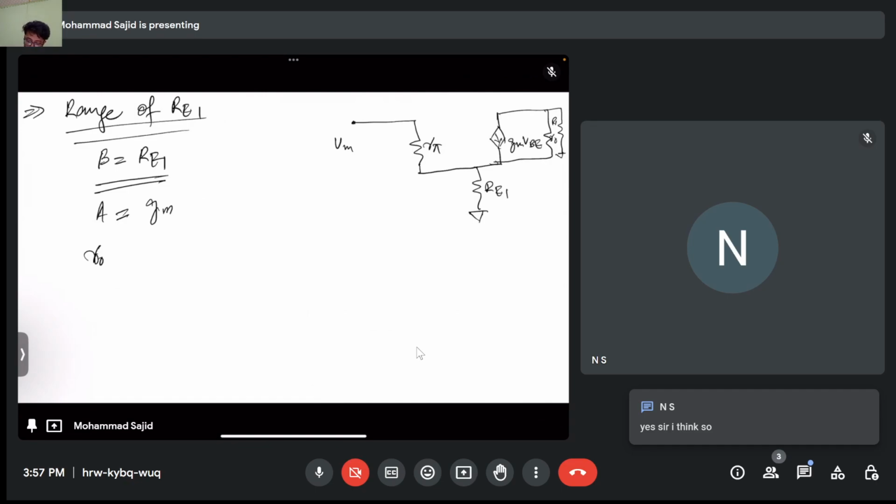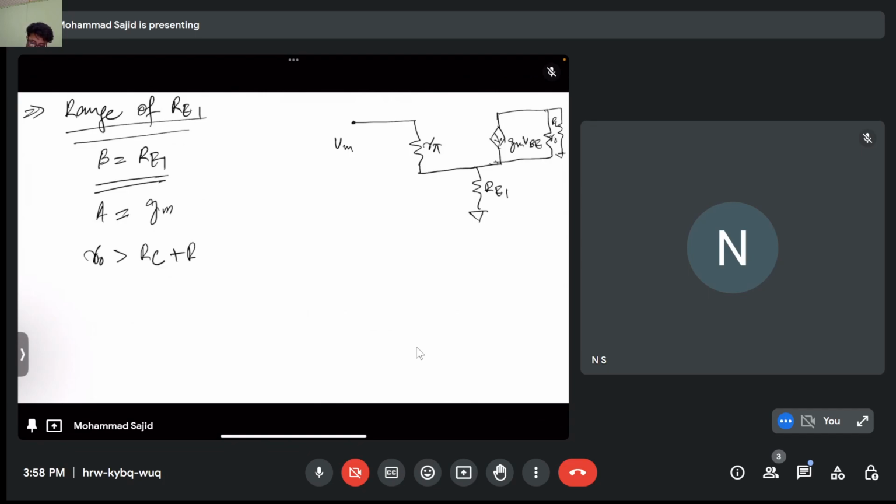Now you know your intrinsic resistance. For the transistor to have a gain, this should be greater than RC, either greater than RC individually and RE1. Sorry, this is RE1, right? And if you go on calculating this GM dash considering the RL as well, let's just ignore that fact, the loading effect.